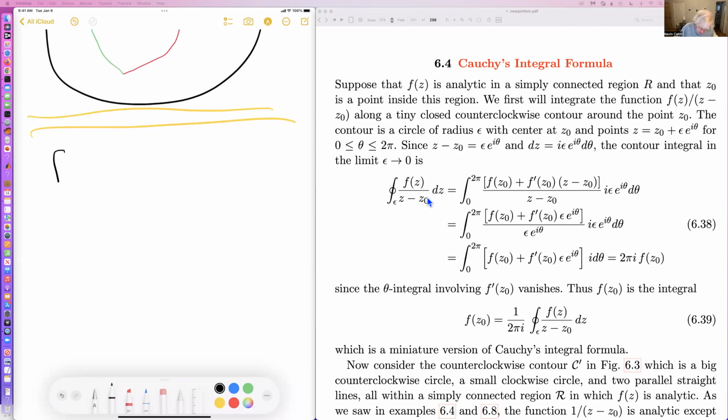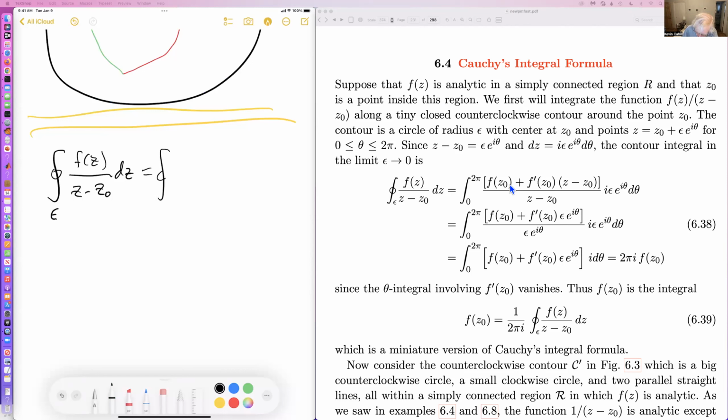Imagine that we're integrating around a tiny circle, radius epsilon, of f of z over z minus z0 dz. What one can see then is that you expand the numerator.